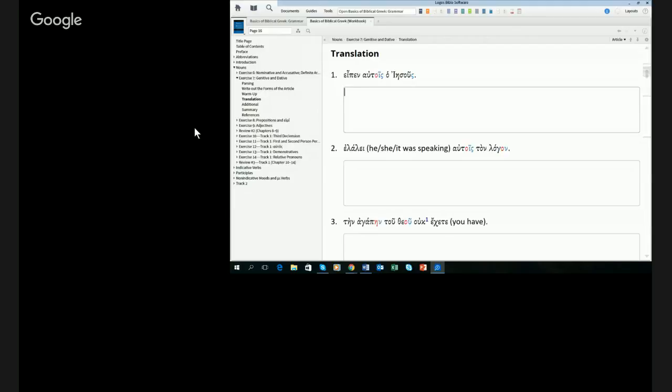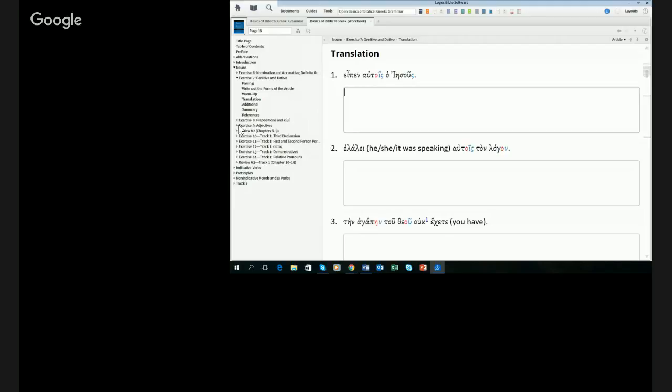Apen, he spoke. Ho Jesus, we can see as nominative, nominative case ending, nominative masculine singular article, functions therefore as the subject of the verb apen. So apen, ho Jesus, autois. Autois is not a noun, it's a pronoun, but it behaves very much in the same way as first and second declension nouns.